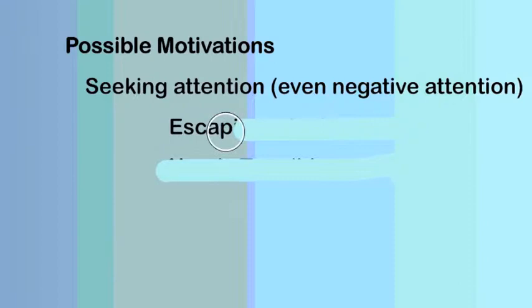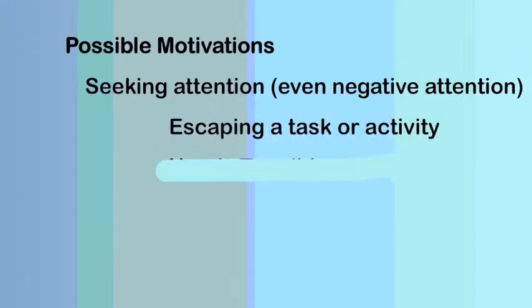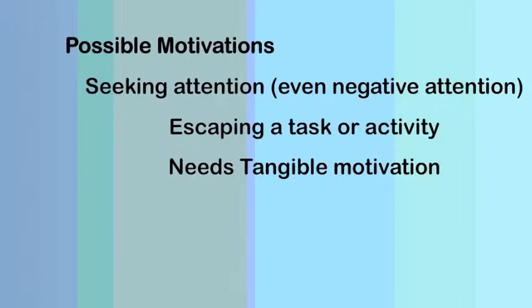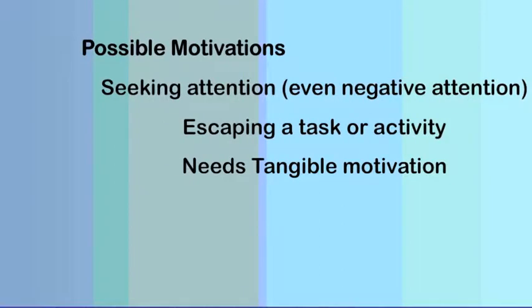Some of the motivations for this behavior include that the student is seeking attention, even negative attention, or seeking to escape a task or activity, or seeking some kind of tangible motivation.